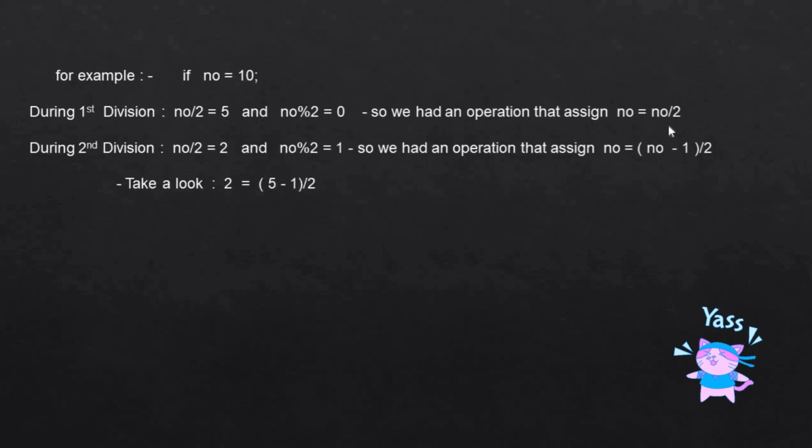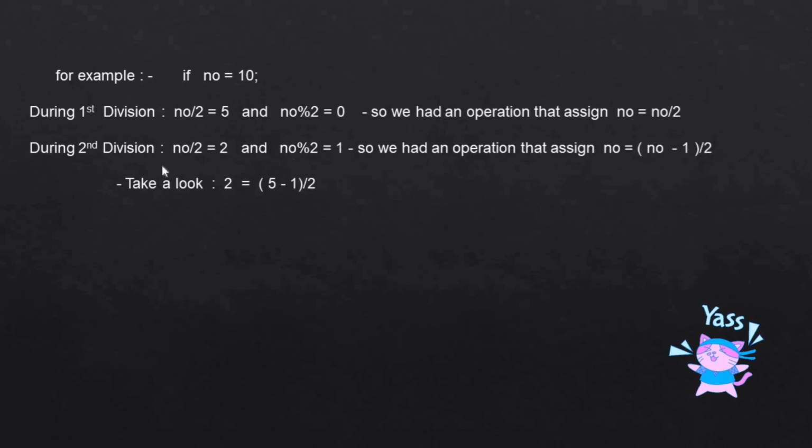For the next operation, the value of number is number divided by 2, so the number becomes 5. During the second division, 5 divided by 2 gives 2, and the modulus was 1. So that is for 5. And in this operation, the value of number will be assigned number minus 1, divided by 2.